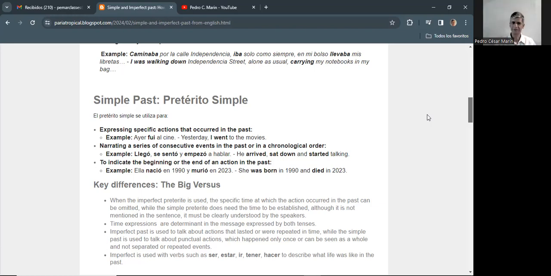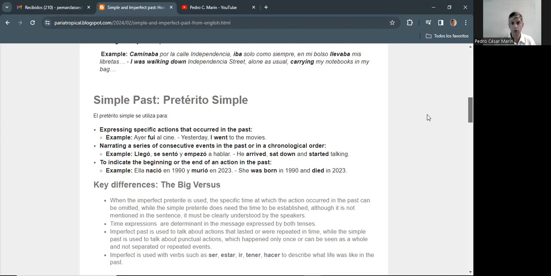To tell a story, but from the chronological or historical point of view. You remember the other one was different, right? Llegó, se sentó y empezó a hablar. Okay? From the point of view of the chronological order, it's important in this context. And as I always tell you, who's going to tell you?